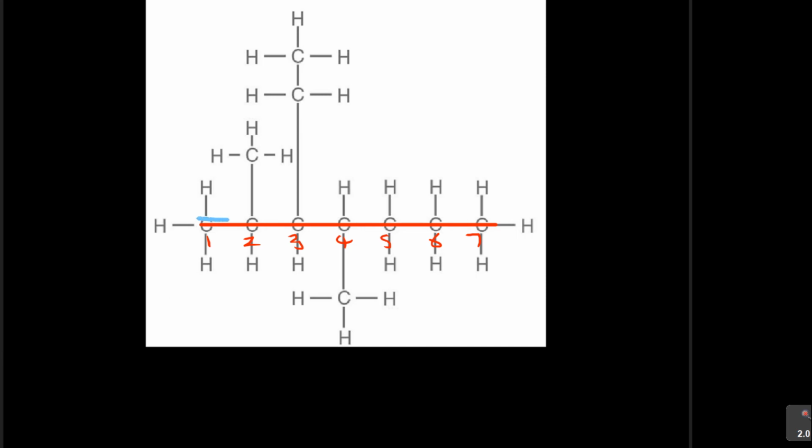Is there a chain here going up? How many carbons? 1, 2, 3, 4, 5, so it's not going to do. If I take this one, look at this, I can start this from right going up, it's also allowed. So it will be 1, 2, 3, 4, 5, 6, 7.